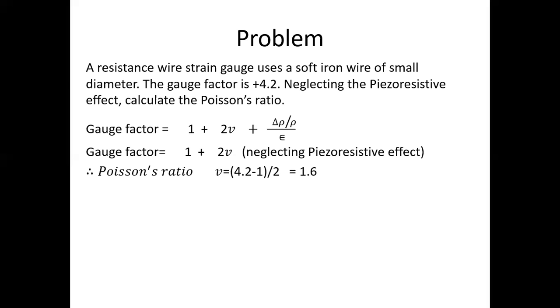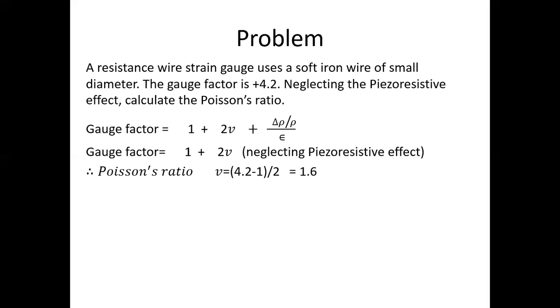The gauge factor is 1 plus 2V plus delta rho by rho upon E. By neglecting the piezo-resistive effect, the gauge factor is 1 plus 2V. The gauge factor is known, that is 4.2.